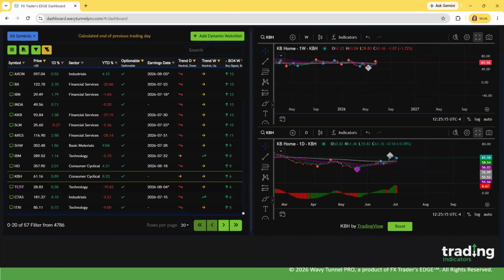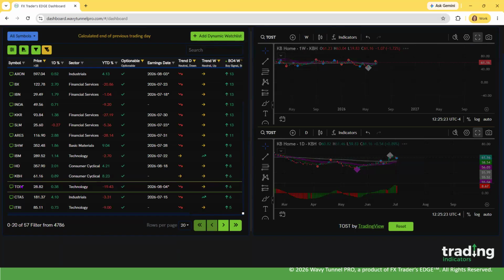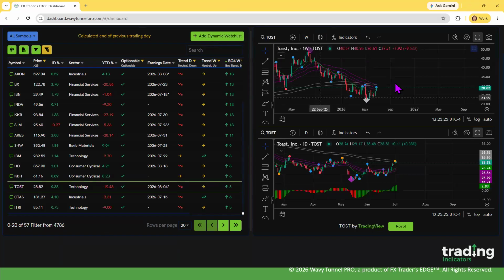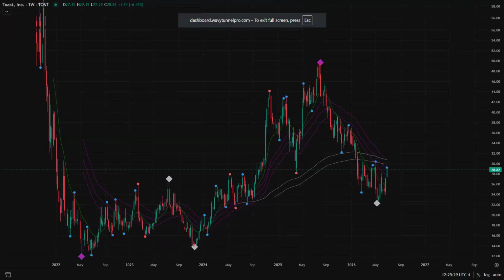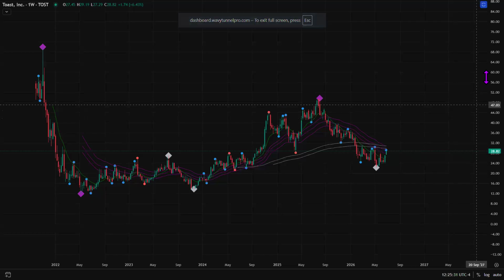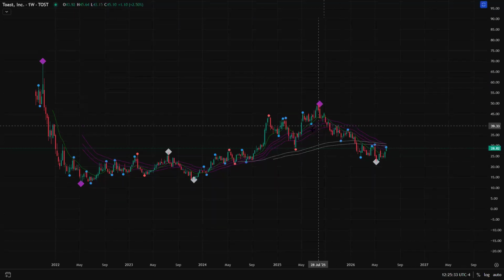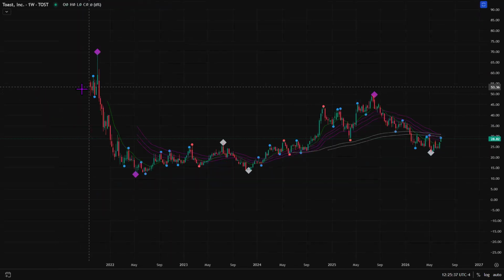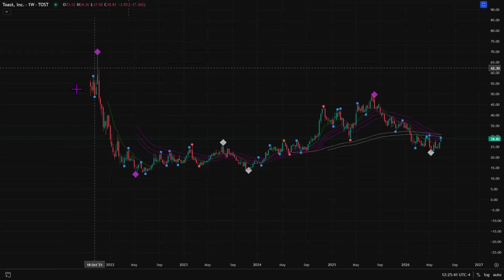This Toast, a technology company, down 19% for the year. Let's have a look at that. I'm just opening up the weekly chart. Yeah, it's a relatively new issue.